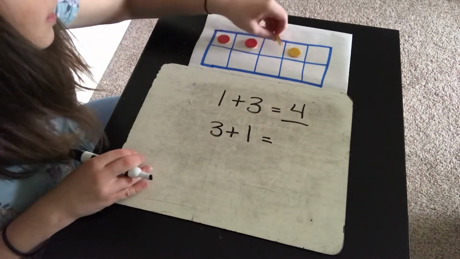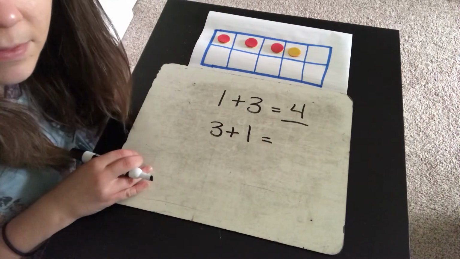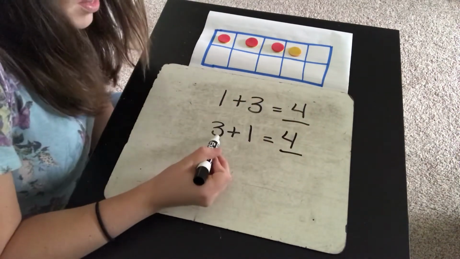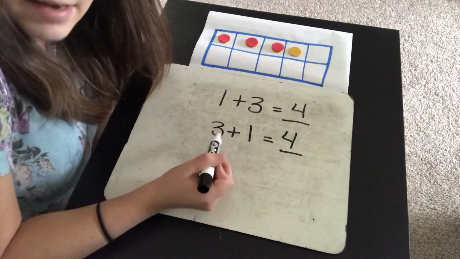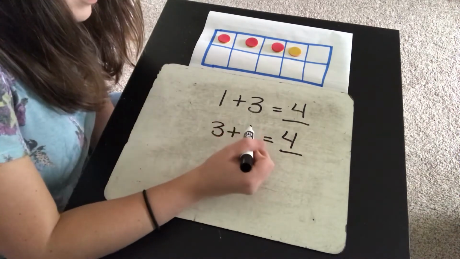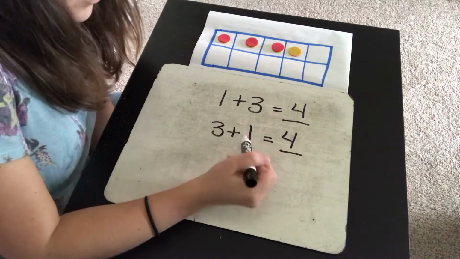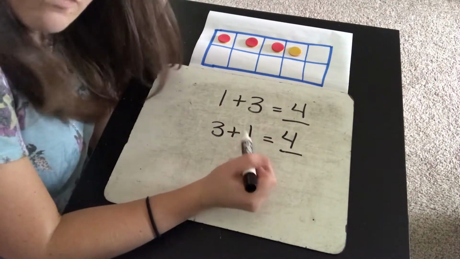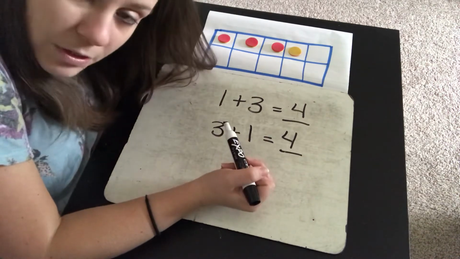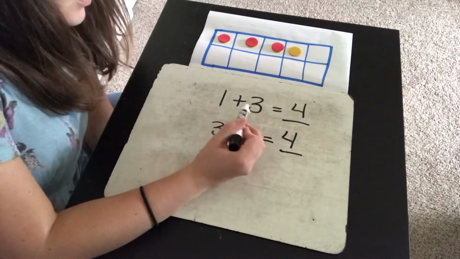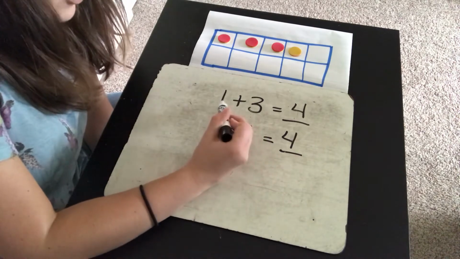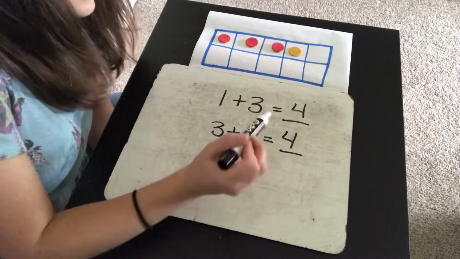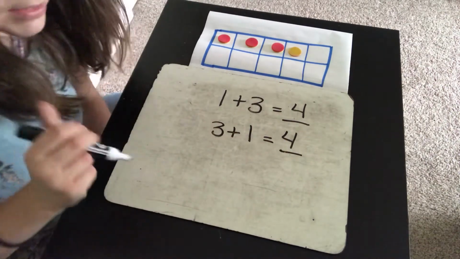If I have 3 plus 1, it still equals 4. So the commutative property is basically when you switch the add-ins. Add-ins in addition problems can be switched into any order and they will still equal the same sum. Just flipping the add-ins is called the commutative property. Like I said, I could write this as 1 plus 3, or I could write this as 3 plus 1, and it still will come up with the same sum.